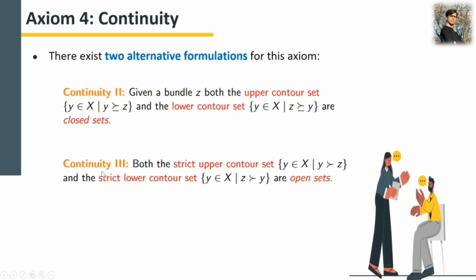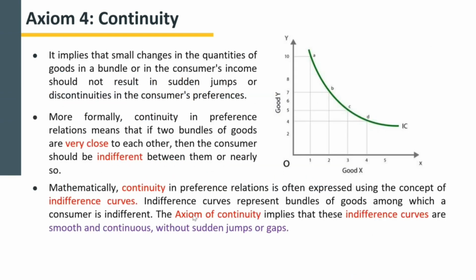Or as a third way, both the strict upper contour set, the set of y in X such that y is strictly preferred to Z, and the strict lower contour set, the set of y in X such that Z is strictly preferred to y, are open sets. So in the case of the second and third ways, we also have a continuous preference relation.